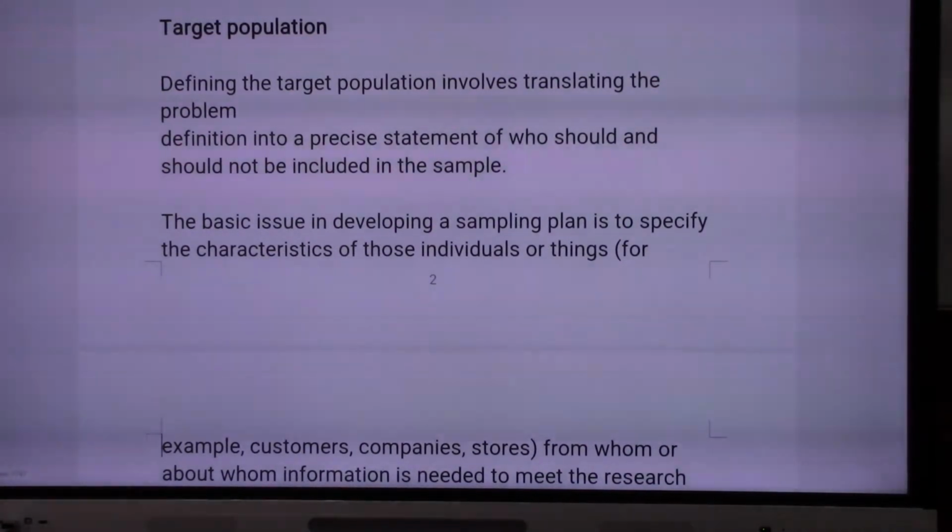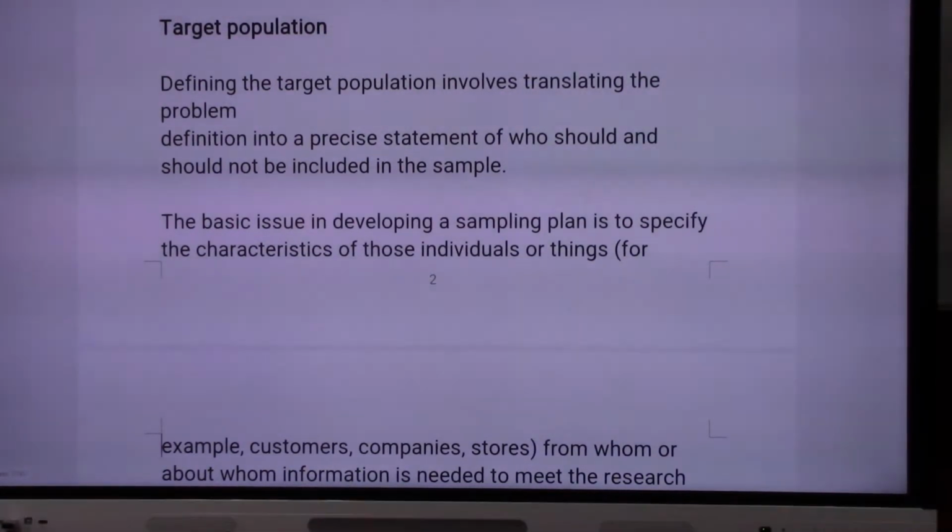The basic issue in developing a sampling plan is to specify the characteristics of those individuals or things from whom or about whom information is needed to meet the research objectives.